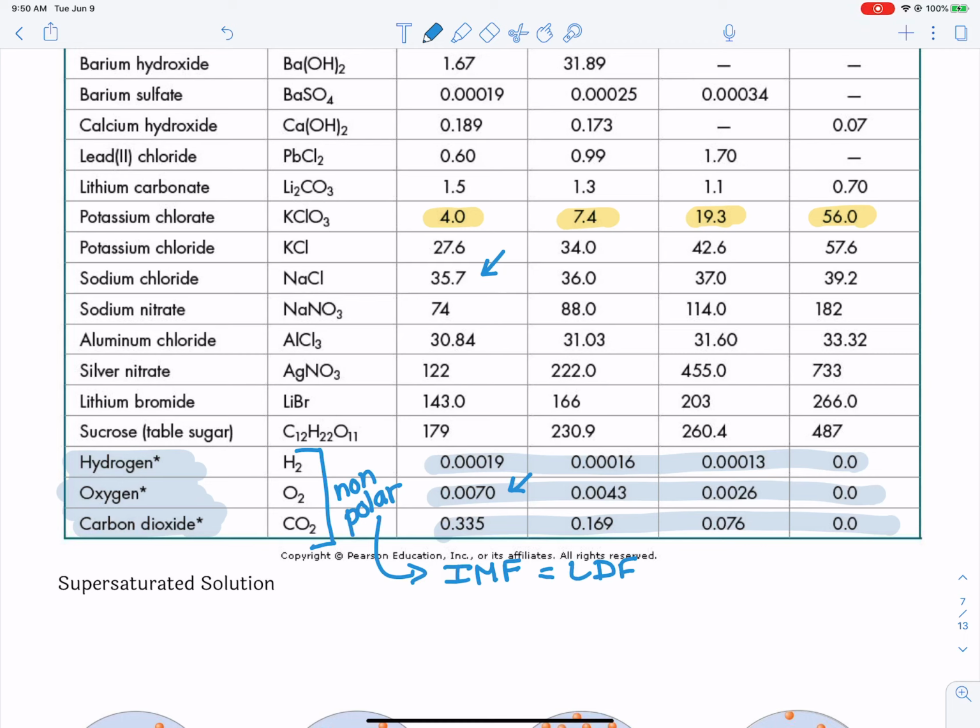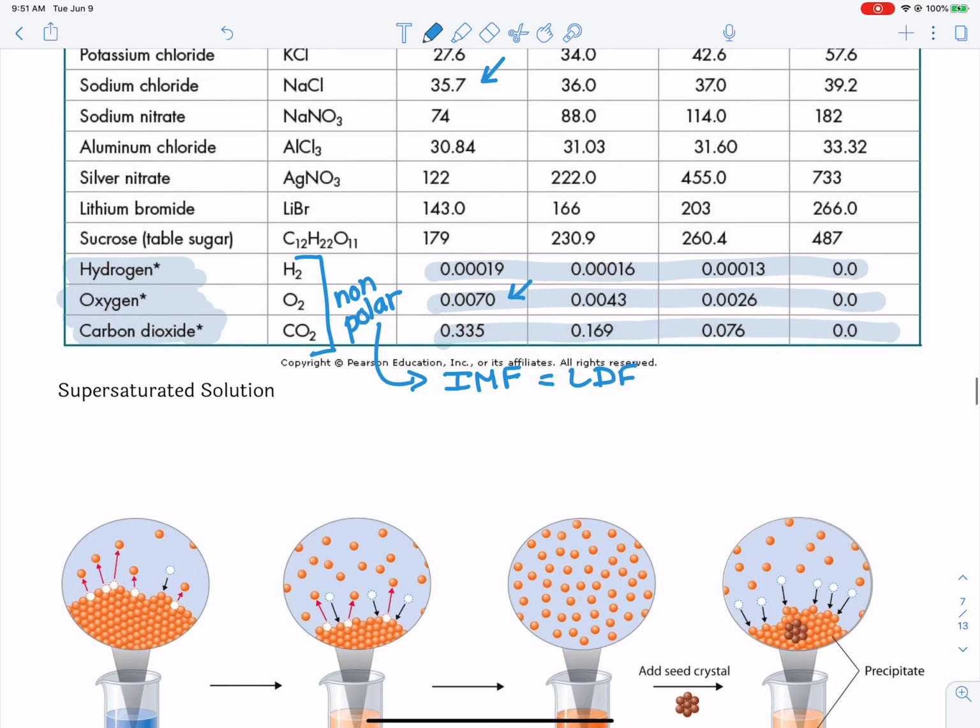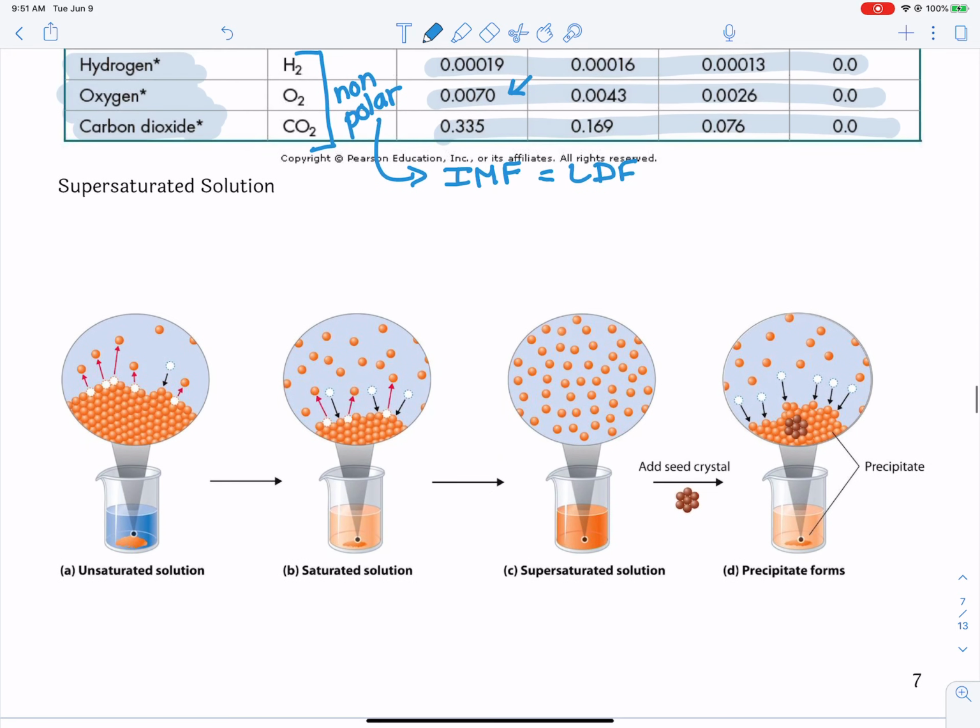And this becomes really important. The amount of oxygen dissolved in water and the amount of carbon dioxide dissolved in water becomes really important in environmental applications, right? Marine organisms, animals like fish, need to breathe in oxygen that's dissolved in water.